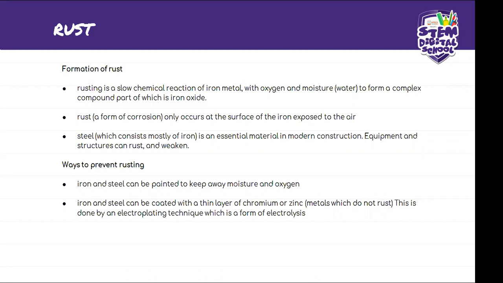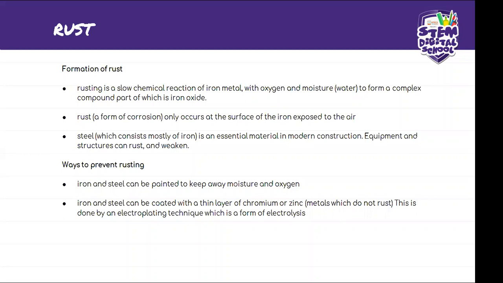Steel, which consists mostly of iron, is an essential material in modern construction, in equipment and structures. So equipment and structures can rust and weaken. What it means is that if iron is exposed to oxygen and a bit of moisture, the metal will corrode, or it will undergo corrosion.